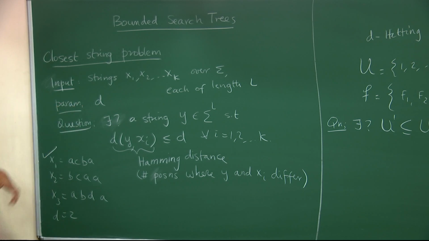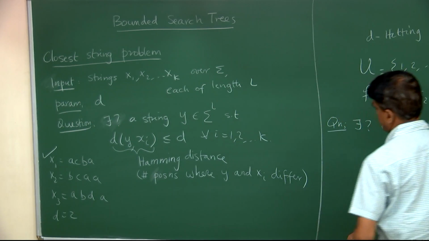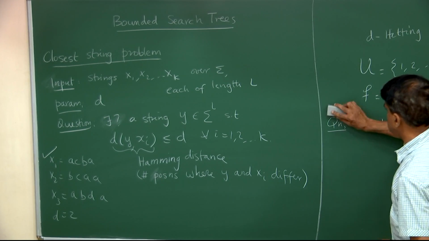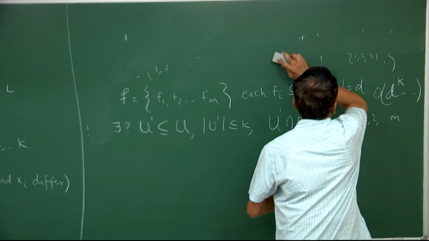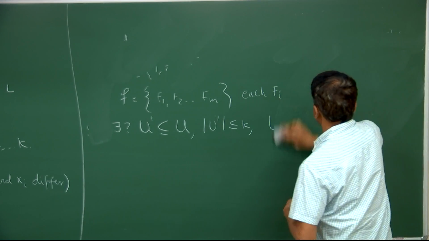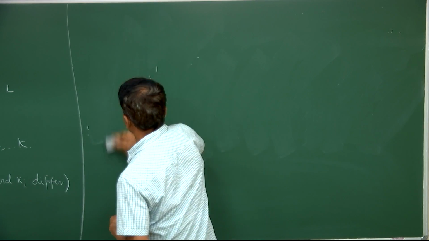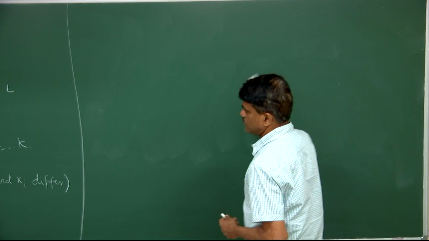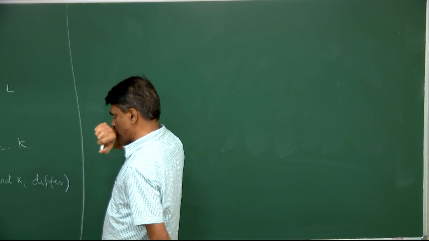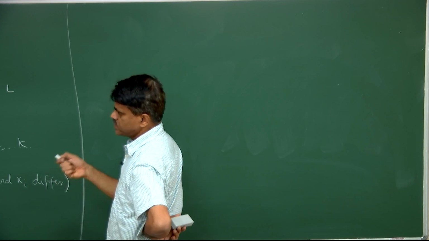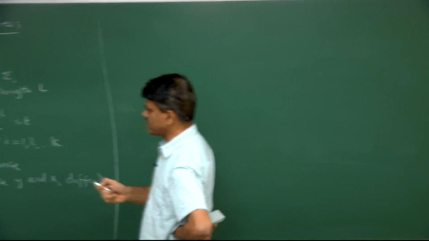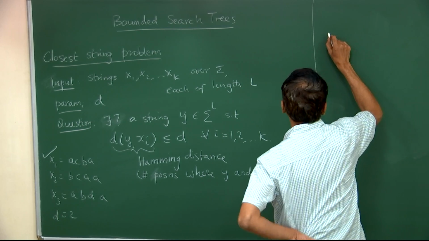So, my parameter is d. In this example x1 worked, it was not intentional, it just worked, but I am going to use this for my FPT algorithm.